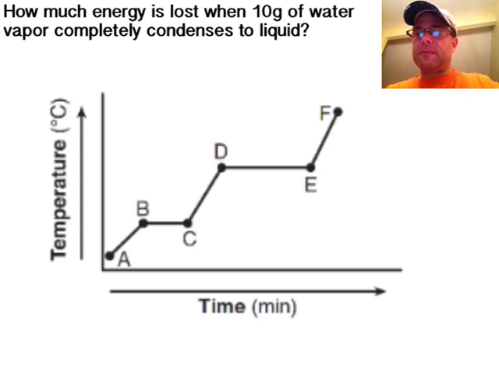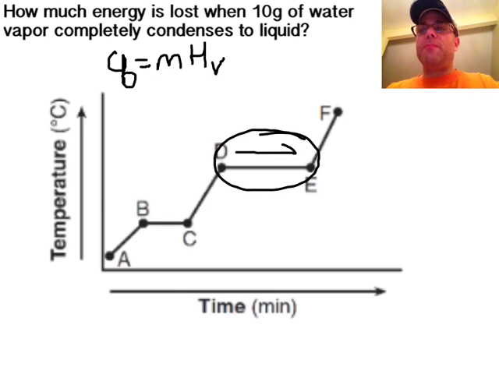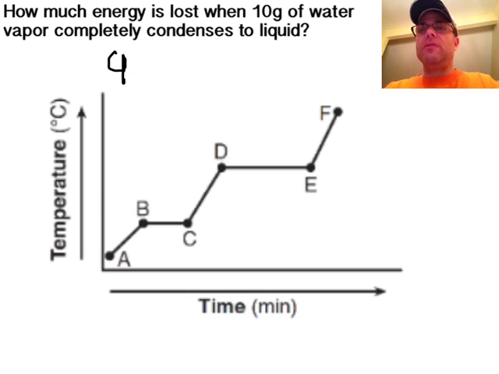So what happens here? We are going to be using the formula of Q is equal to the mass times Hv. Now again, we're still using Hv because even though we're not vaporizing, it's still the same amount of energy in reverse that will be released. So let's go ahead and do this equation.